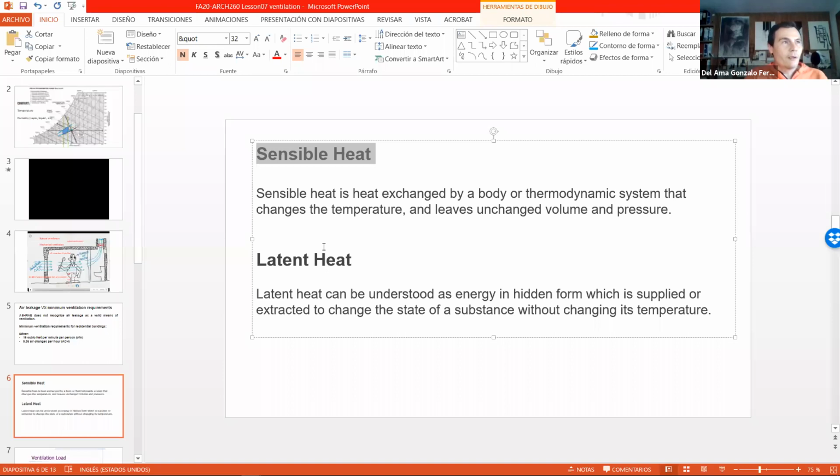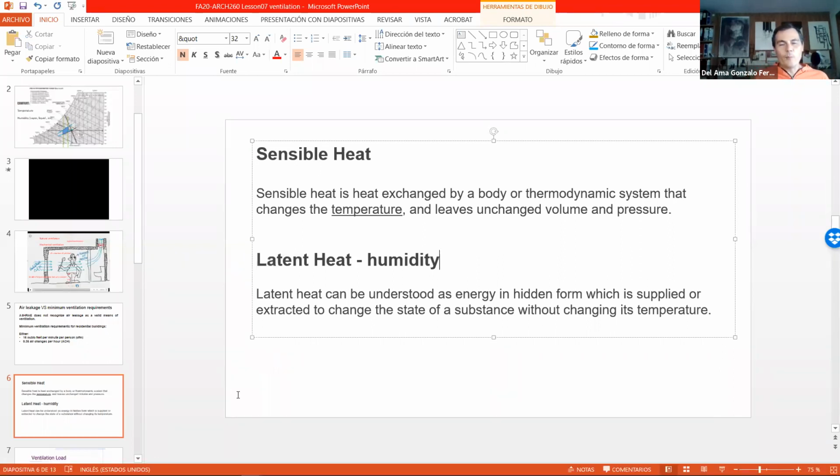We increase the temperature, we increase the sensible heat. If we reduce the temperature, we are reducing the sensible heat. So sensible heat has to do with temperature. Latent heat is related to humidity.